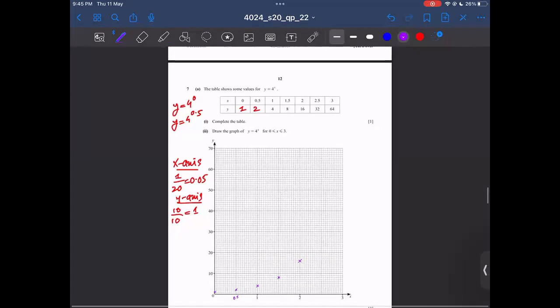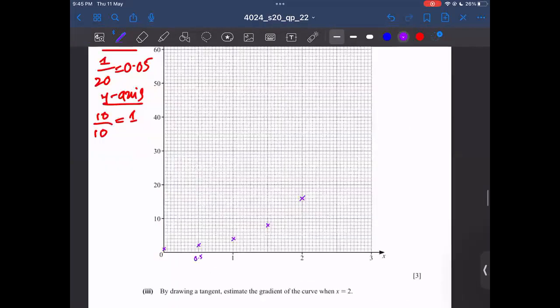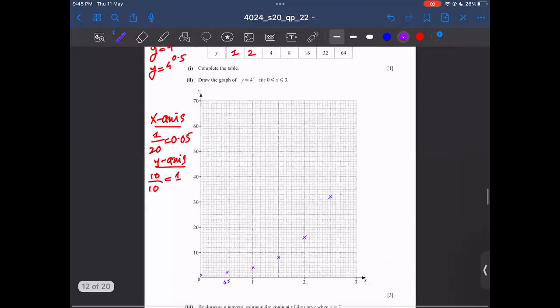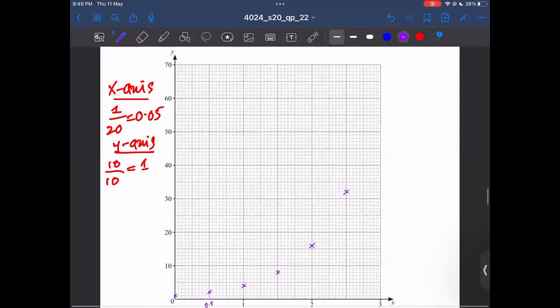Then we have 2.5 and 32. Then we have 3 and 64. So this is the exponential graph, 3 and 64.